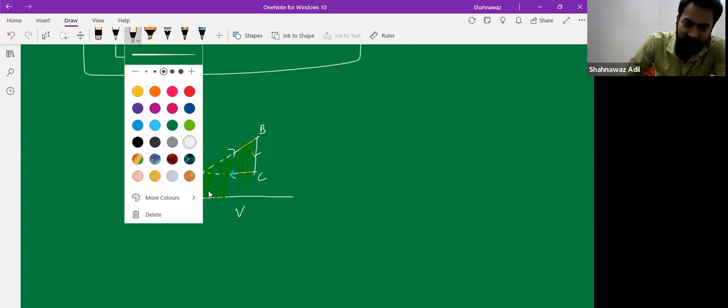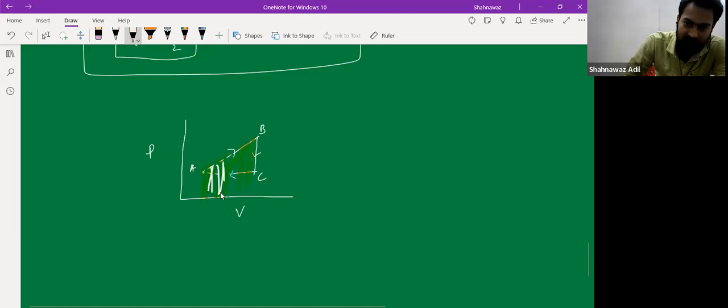Okay, and for the path BC, the work done would be what? 0, right? Because this is an isochoric process.